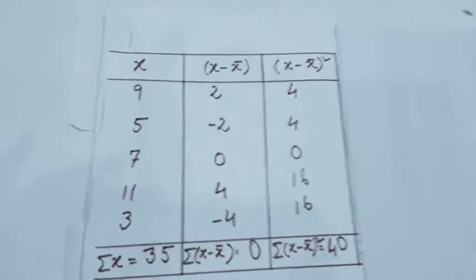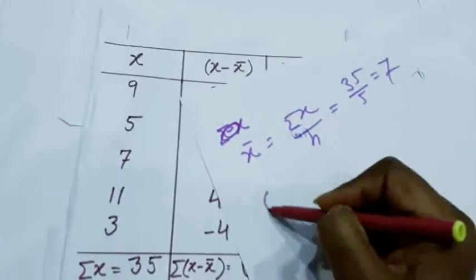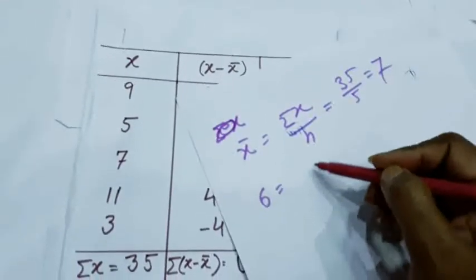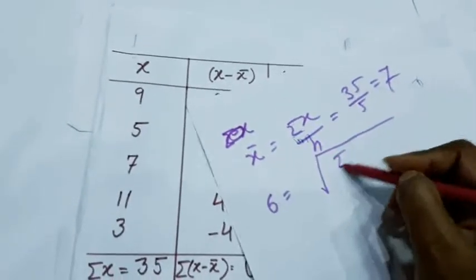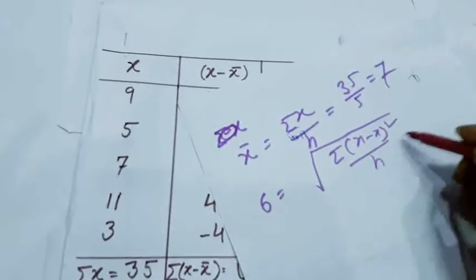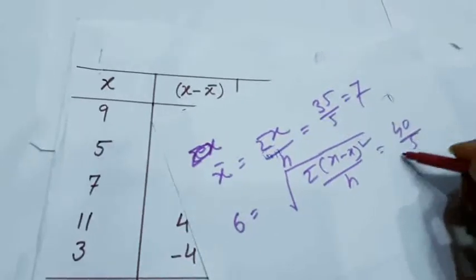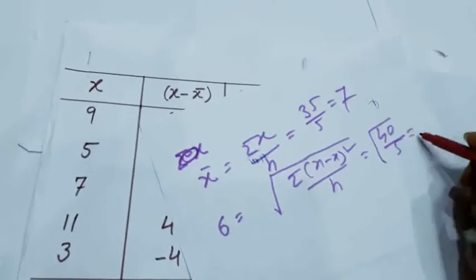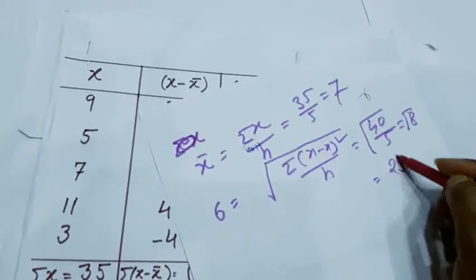Okay, now we will see the standard deviation. Standard deviation equals root over summation (x minus x bar) whole square by n. It was 40 by 5 root, equals root 8, equals 2 root 2. Okay, sigma equals 2 root 2.